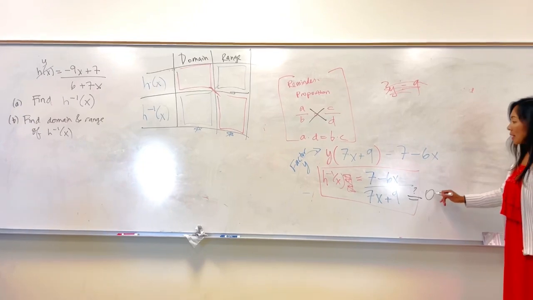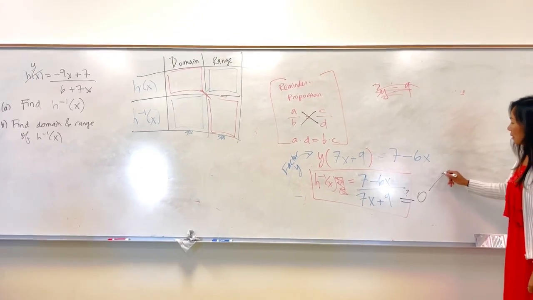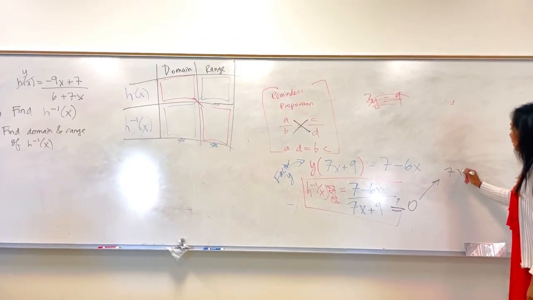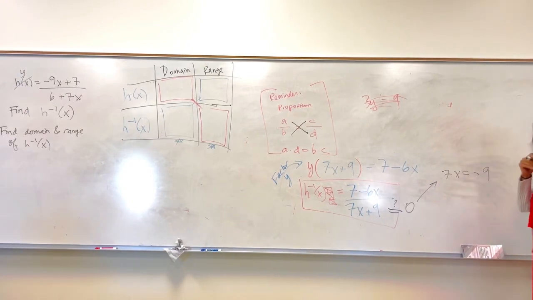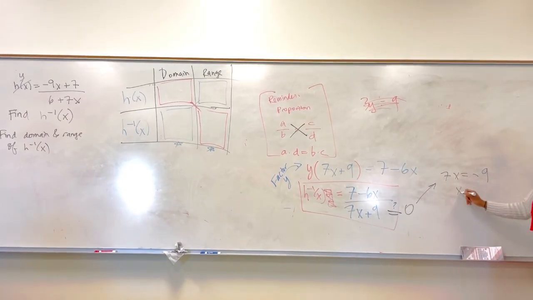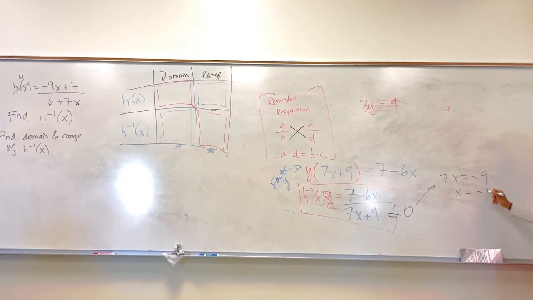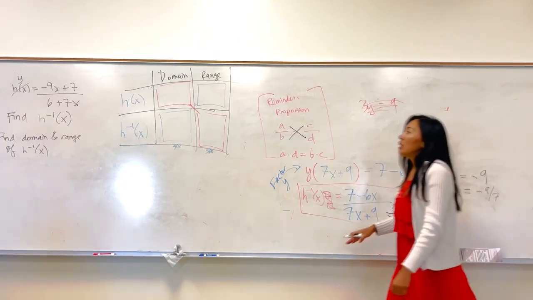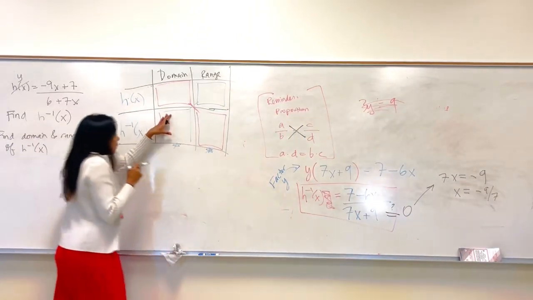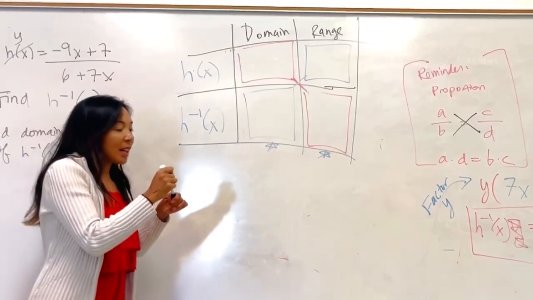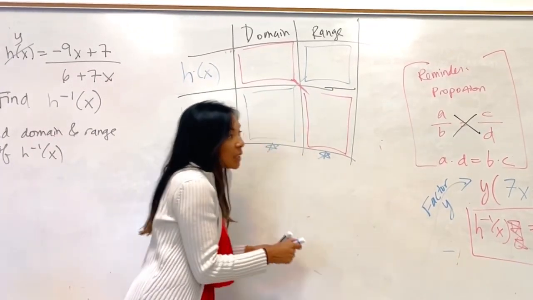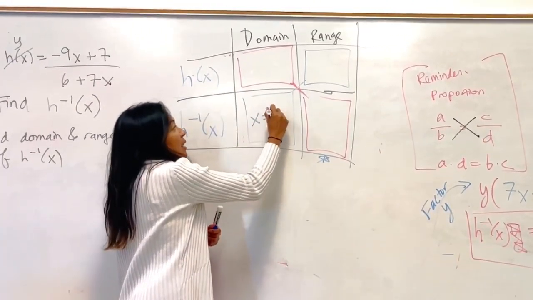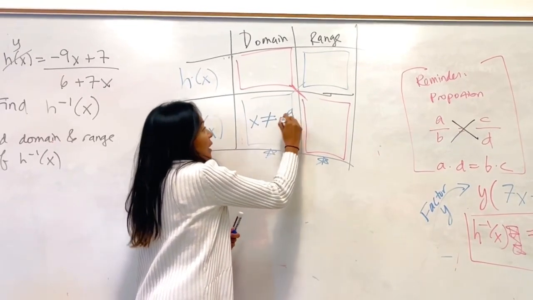How do we solve this? 7x plus 9 equals 0. Divide by 7. x is equal to negative 9/7. So the domain of h inverse is any number except, x cannot be negative 9/7.